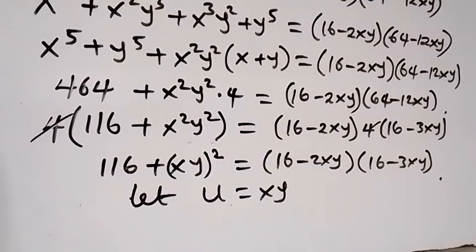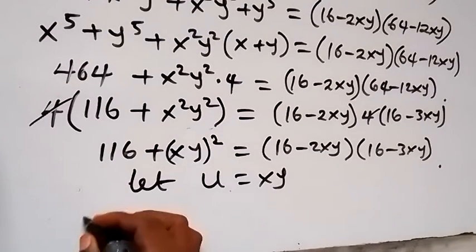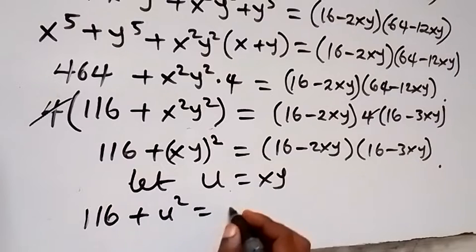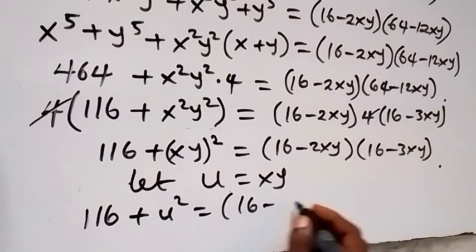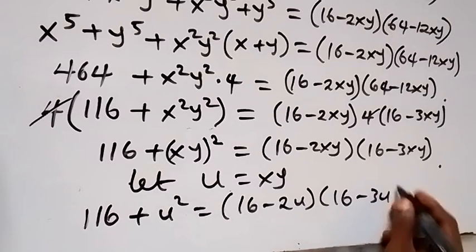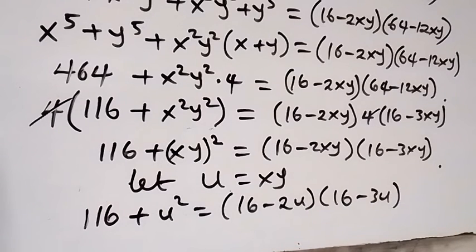xy now as letter u, so that we can have 116 plus u squared will now be equal to 16 minus 2 times xy, that's 2u, then times 16 minus 3u. So let's expand what we have on the right.